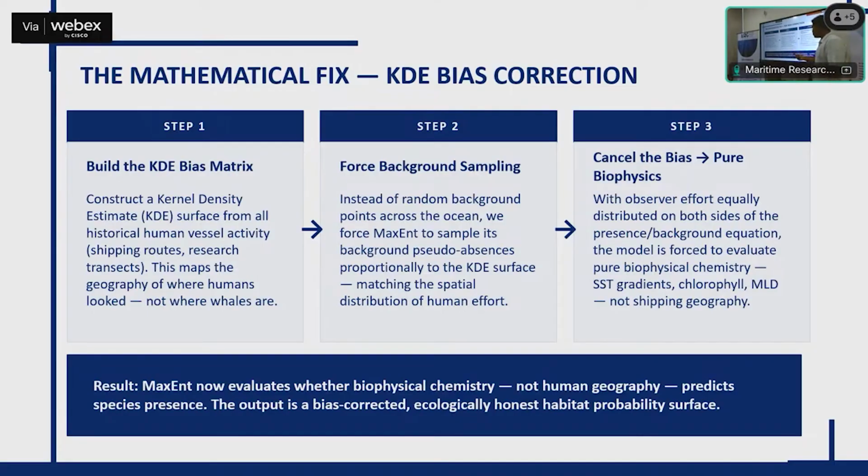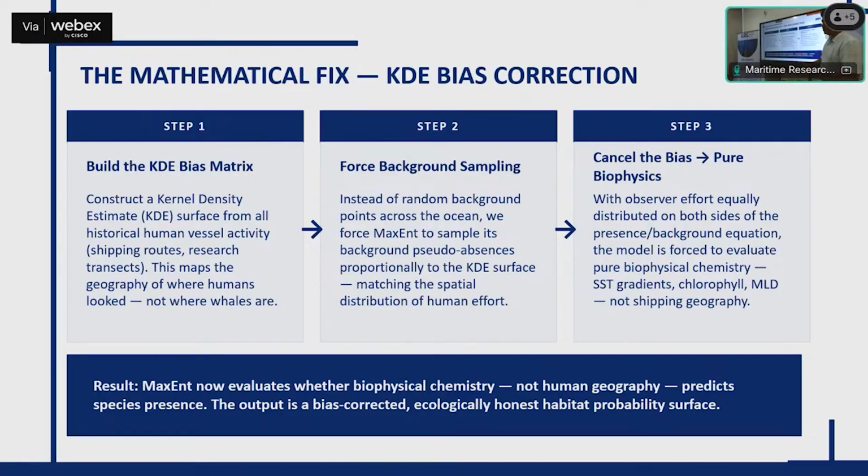We match the spatial distribution, and this cancels the bias, so we can use only the biological parameters, such as the chlorophyll model. Now the maximum entropy model evaluates where sea surface temperature and chlorophyll concentration are present, and we get a better result and better score.